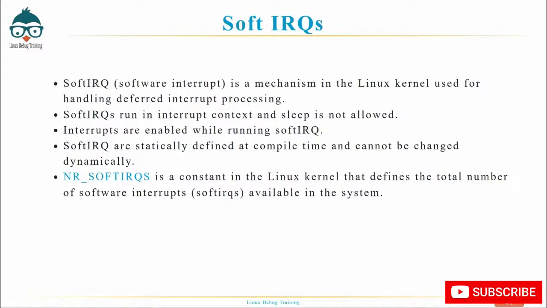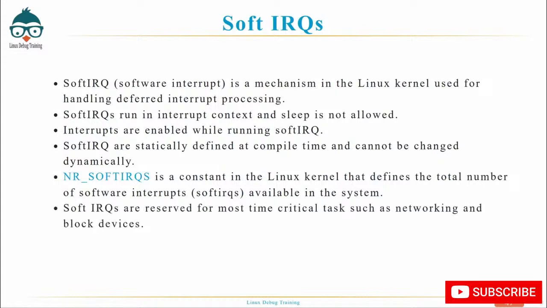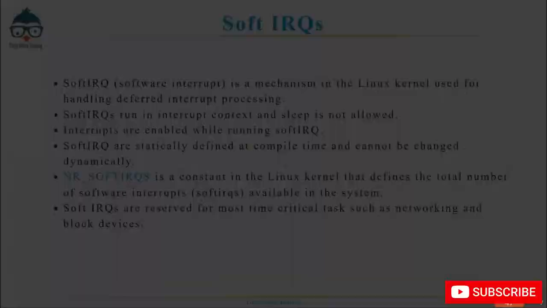NR_SOFTIRQS is a constant in the Linux kernel that defines the total number of software interrupts available in the system. Soft IRQs are reserved for the most time-critical tasks such as networking and input and output to block devices.